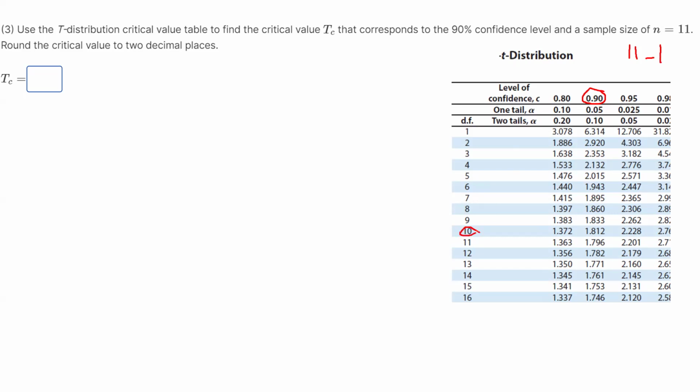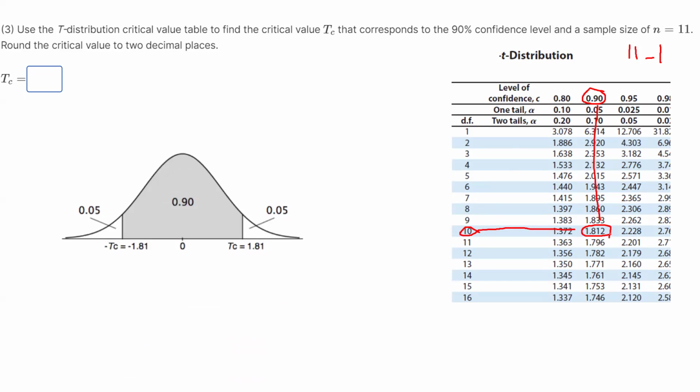Now we need to find the intersection between these two, row and column. So as you can see, the critical value is 1.812.